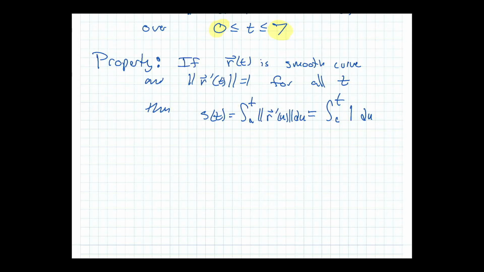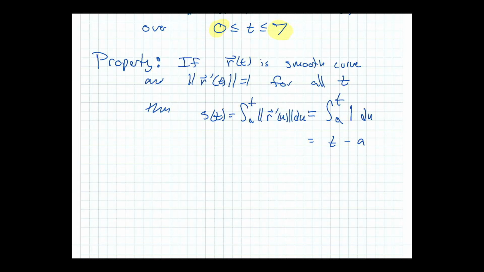So this is really considering a very specific case where the magnitude is 1. But if the magnitude is 1, then you get this integral. And when you do it, first you get u, and then you plug in the t and the a, and you get t minus a for the answer. What's the point?